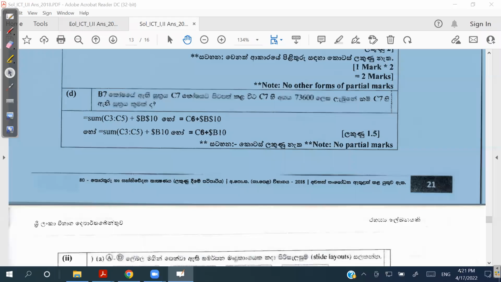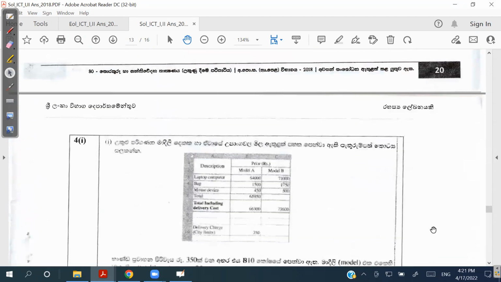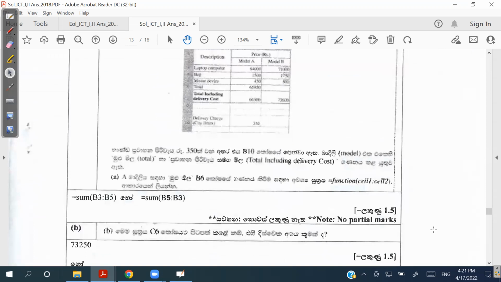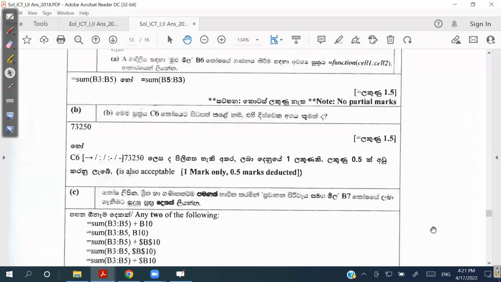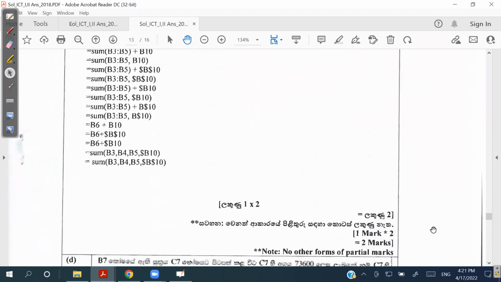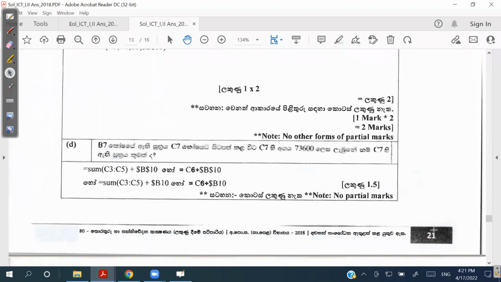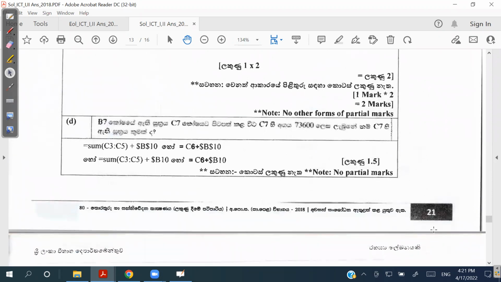So the marks given to them, right? I'll come from the beginning. For the first part, it's 1.5. For the second part, it is 1.5 again. For part C, it is 2 marks for 2 equations. And for part D, I told you that only these kinds of answers can be taken as correct ones, so 1.5 is given.